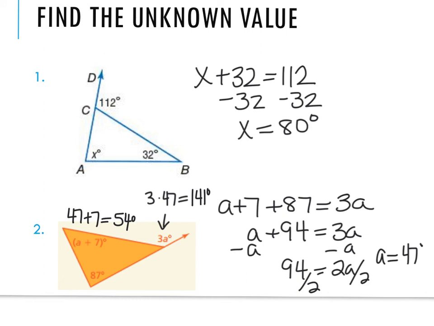This is also a good way, when I plug it in, to check and make sure that it actually adds up to the correct amount. So when I add 54 plus 87, I should get 141, which if I plug it into my calculator, I do get 141.